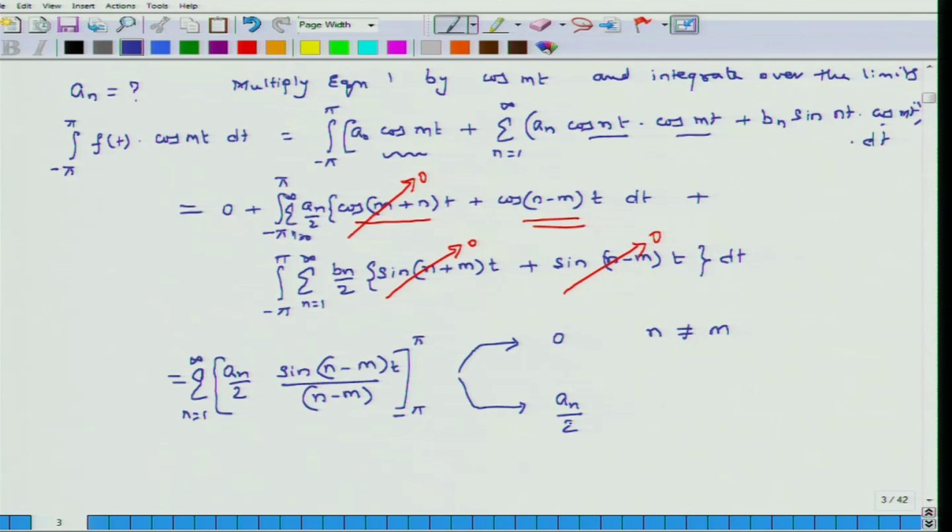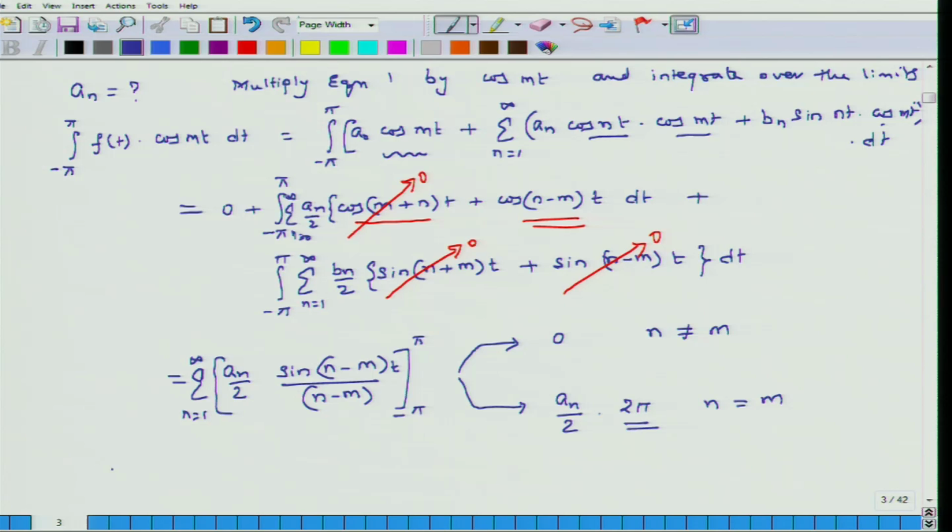And then this is equal to an over 2 times 2 pi when n is equal to m. What happens when n is equal to m? As t becomes pi, and when n is equal to m, the numerator is 0, the denominator is 0, so I have to take the limits of numerator and denominator, and I'll get the ratio. What I get, if I use L'Hopital's rule, is that this thing is 2 pi.